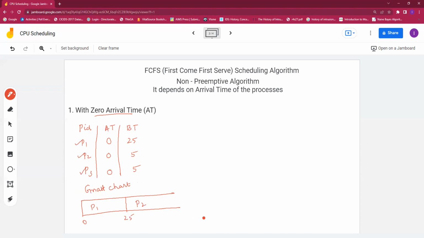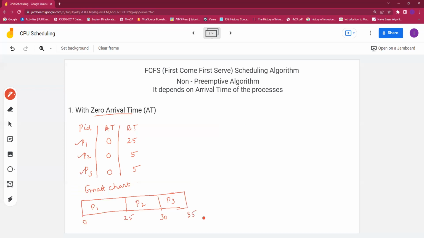So 25 plus 5, on the 30th millisecond your process P2 will be completed. The next process to come in is P3. It also takes 5 milliseconds. So 30 plus 5, it gets completed at the 35th millisecond.